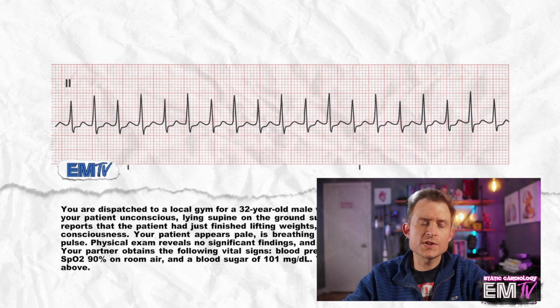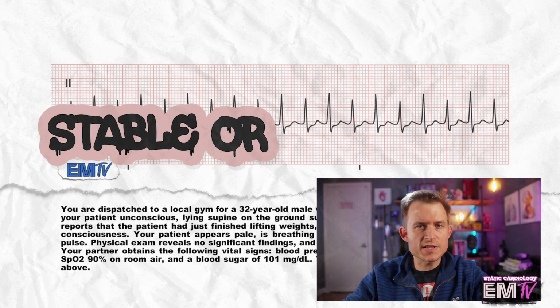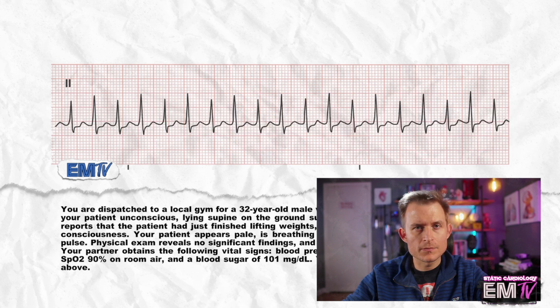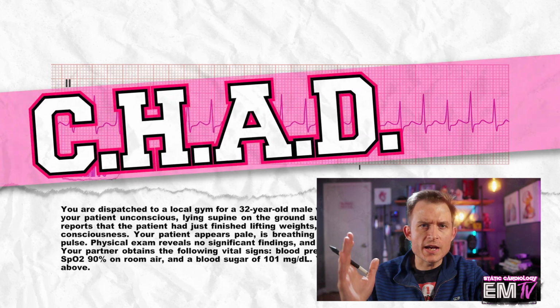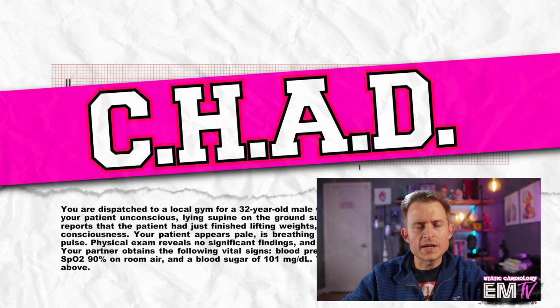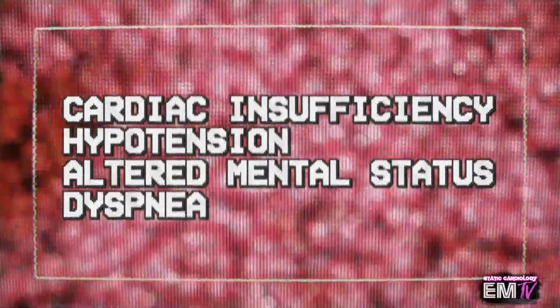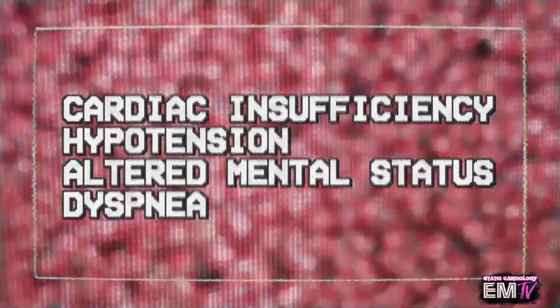To be successful in static cardiology, not only do you have to diagnose the rhythm correctly, but you must decide whether or not it is stable or unstable and choose the correct treatment algorithm. For unstable criteria, I use the acronym CHAD. And this, of course, stands for cardiac insufficiency, hypotension, altered mental status, and dyspnea.